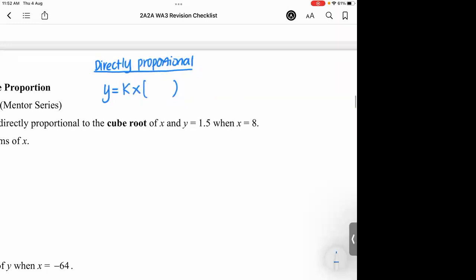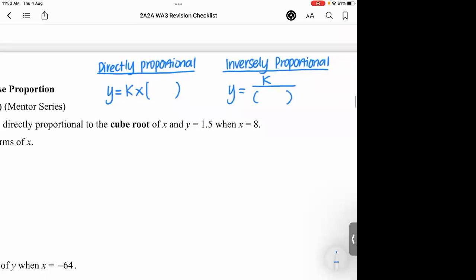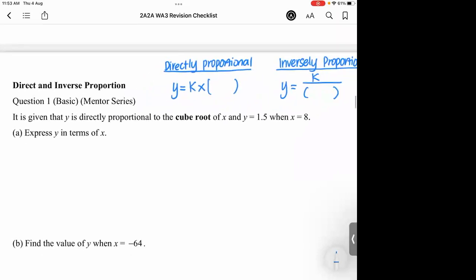Okay, if it's inversely proportional, then what will happen? Anyone remember? Direct is k times. Inversely will be y equals k divided by something. But the something can have power, can have whichever. So must read the question.